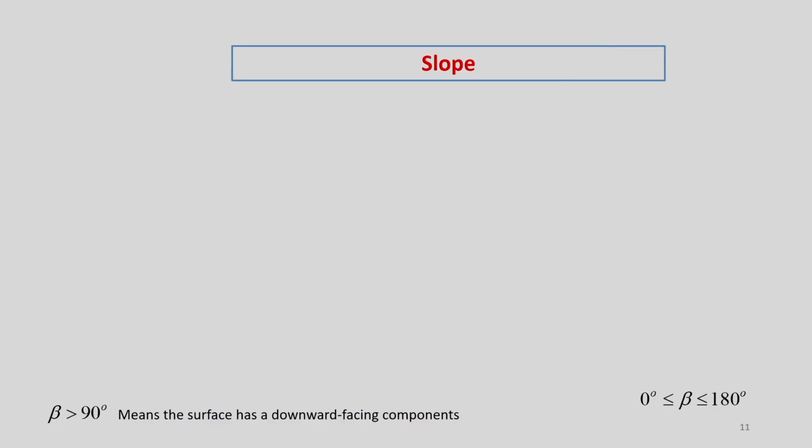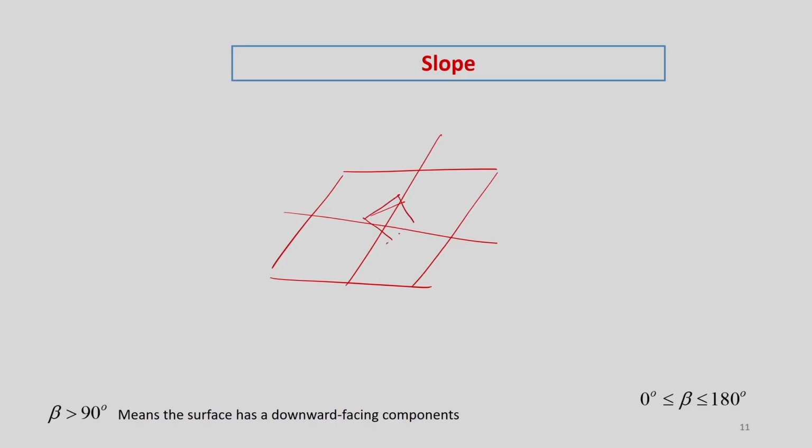So, slope is already defined. So, what is slope now? Maybe we can draw this surface again, and a horizontal surface, and if we draw this kind of system, okay, so this angle is beta.